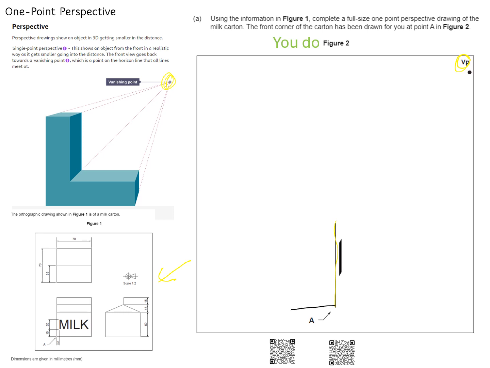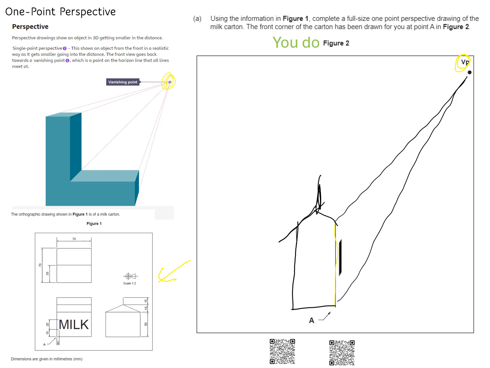With one point perspective, all you then do is draw the front of that milk, or the side of it actually, because it's just going to be that, and that. Okay, from here, every one of these edges you've got to take to the vanishing point. Look, every one of those edges, you take them to the vanishing point, just like that.